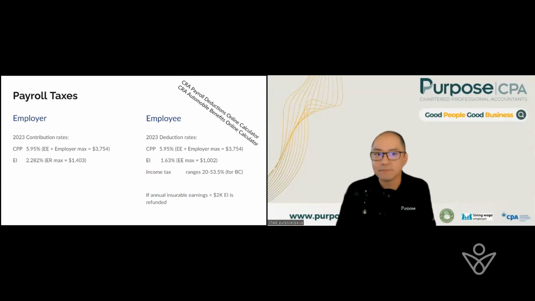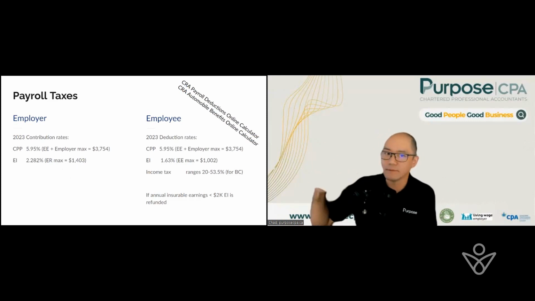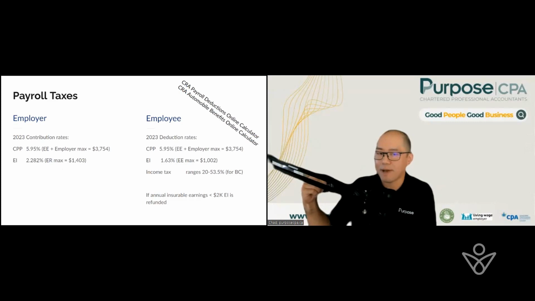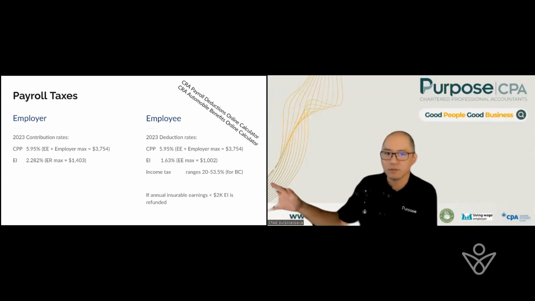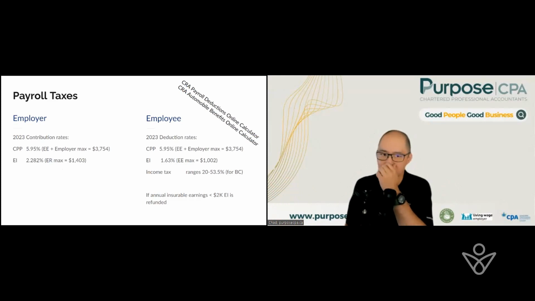As an employee, when you earn money, the employee will be deducted CPP and EI. So as they earn money, some will be held back so that they can contribute into CPP and EI. I'll get into a little bit about some exemptions there.